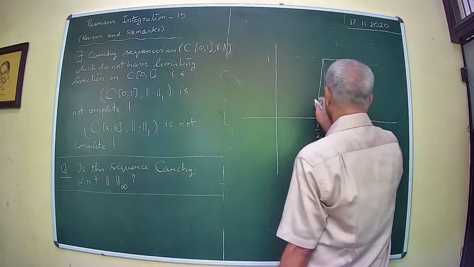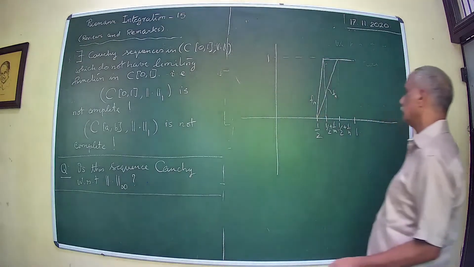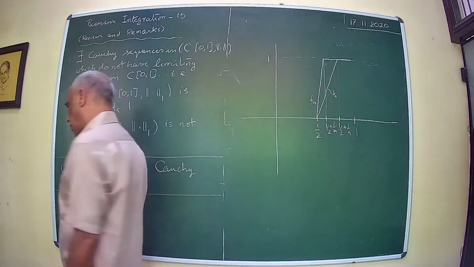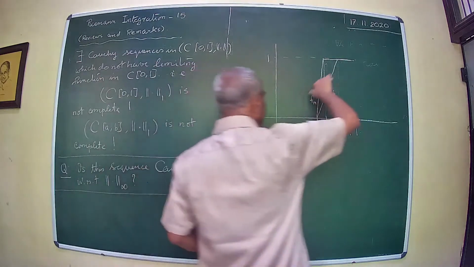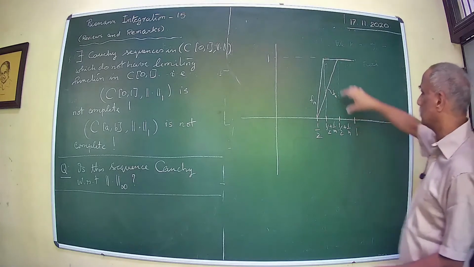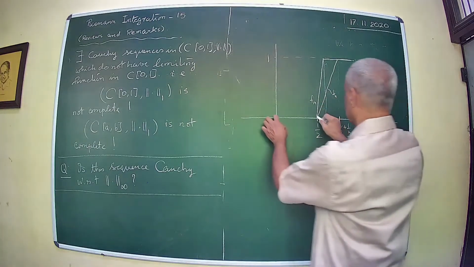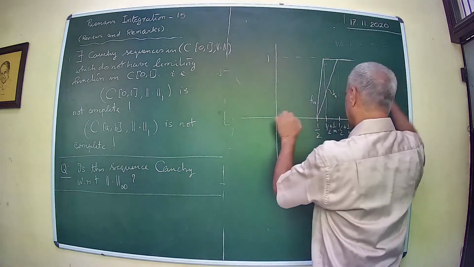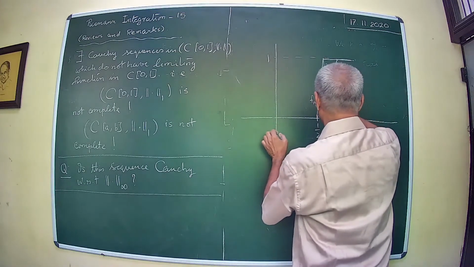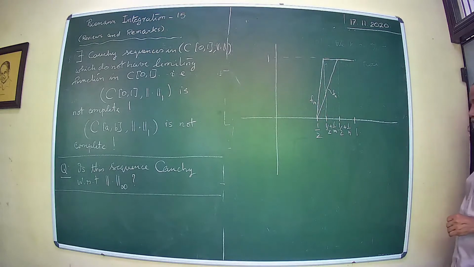So this corresponds to F_m, and this corresponds to F_n. Now what is the norm here? Geometrically the norm is the distance between F_m and F_n, the vertical distance. So it is the supremum of the distance between these two functions. It is 0 here, 0 from here, that's clear. But in between it has positive distance, something like this. It's not the area I'm marking out, it's the vertical distance that you have. And it is the supremum of this.